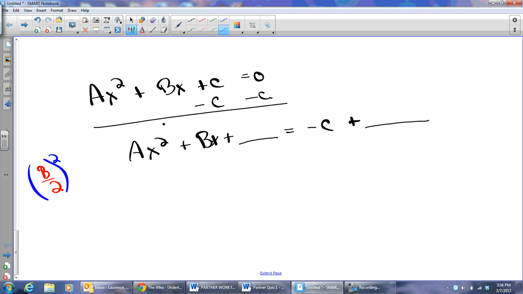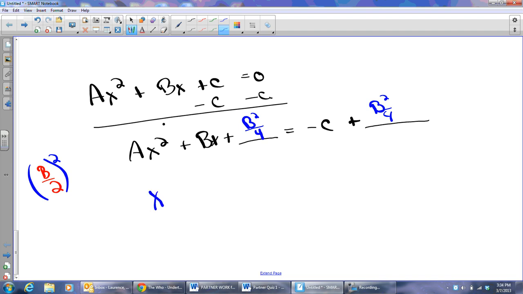That would give me b squared over 4. And then I would add the b squared over 4 here. That forces this to be a perfect square trinomial, which allows me to turn it into something like this. Well, it's hard to do with the a because I don't know the square root of a, so I'm not going to go there.